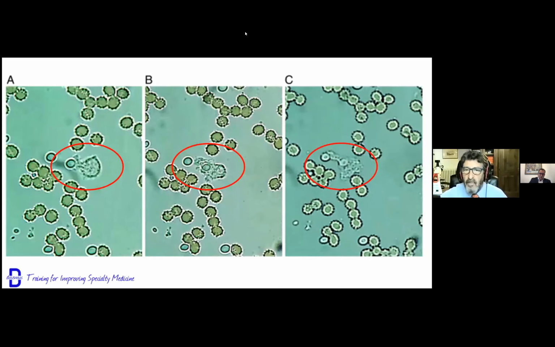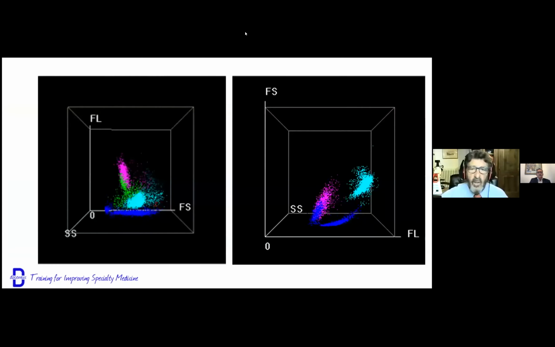This is what happens in vivo, both in simulated sepsis and in clinical sepsis.